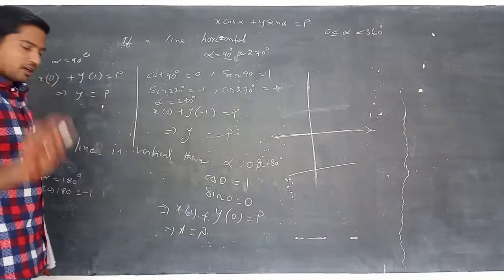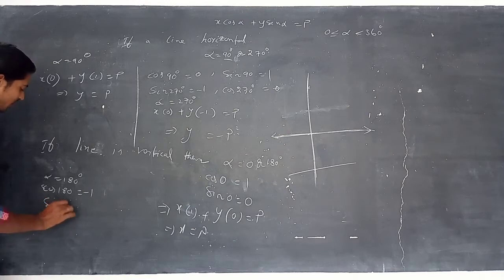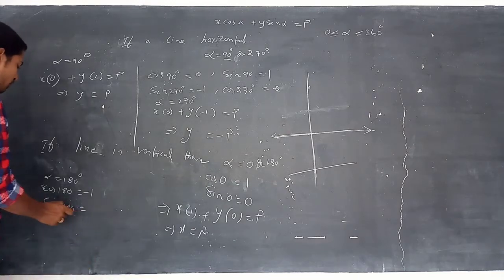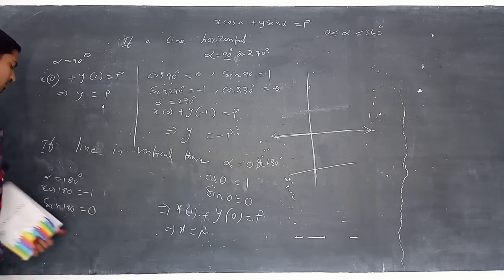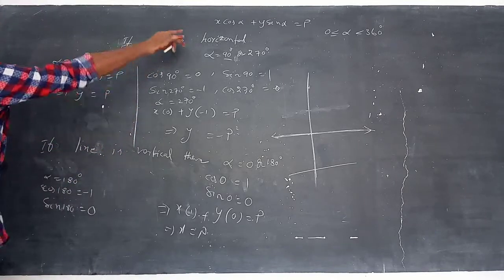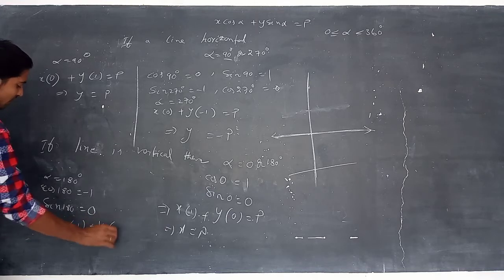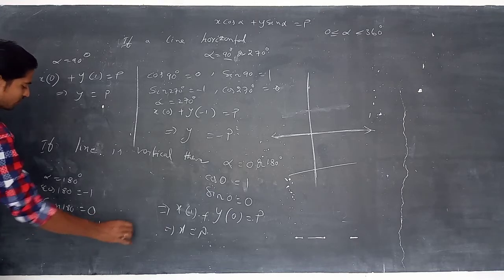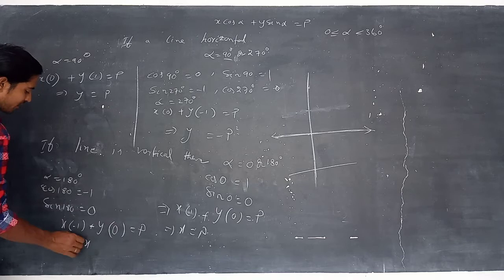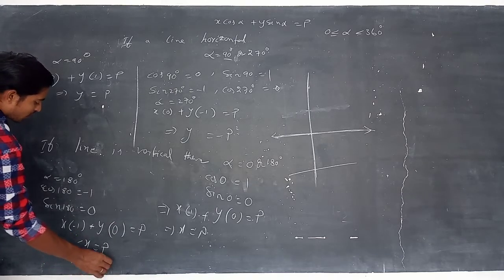Cos 180 is minus 1. And sin 180 is sin of 90 plus 90, which becomes positive cos 90, equal to 0. So minus 1 comma 0. Then x into cos 180 degrees, minus 1, plus y sin 180, which is 0, is equal to p. So minus x equal to p, that implies x equal to minus p.